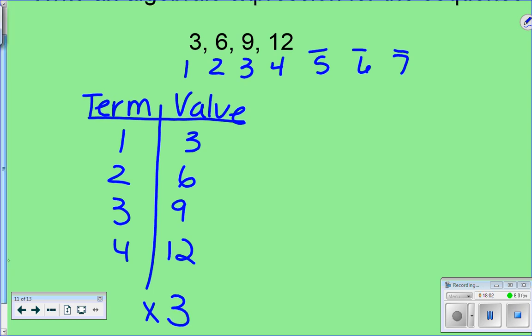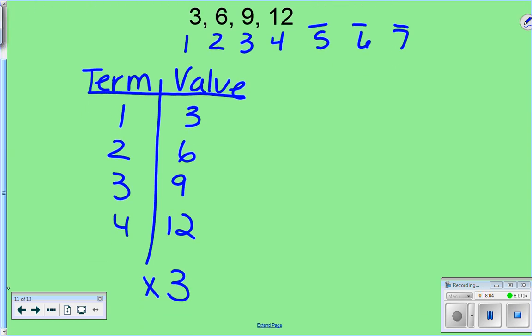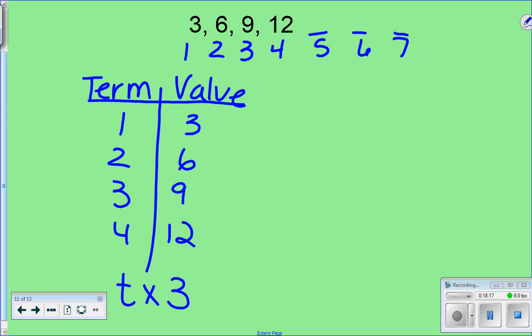Now, if I don't know what term I'm talking about, let's say term 25, what can I put here? I can put a D or T or whatever. Maybe T would be better for term. So if I wanted to find term 5, I would take 5 times 3. That's 15. If I want to find term 7, 7 times 3 is 21.